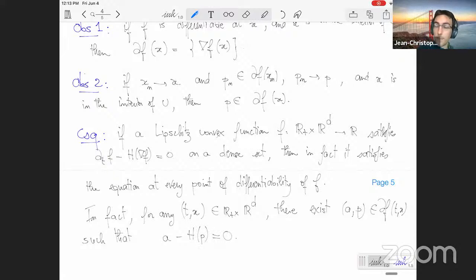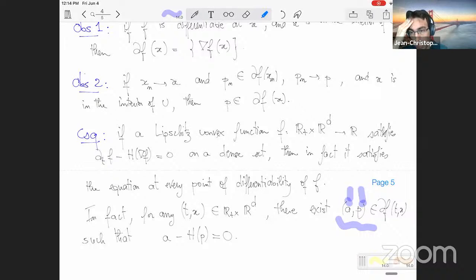Okay, so let me explain a little bit what this means. So now I'm thinking of f as decomposing the variables into this t variable and this x variable. So similarly, when I think about the subdifferential, I'm thinking of it as coming as a pair with the first being a real number and the second being a vector in R^d, just to match the variables which have this structure with time, comma, space. So when this is written, a is in R and p is a slope in R^d.